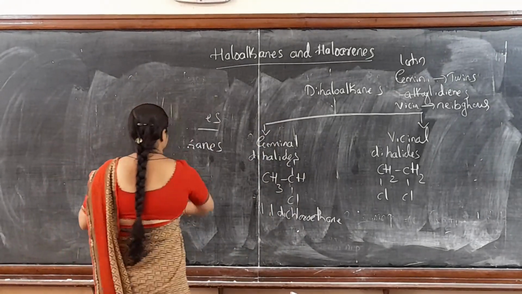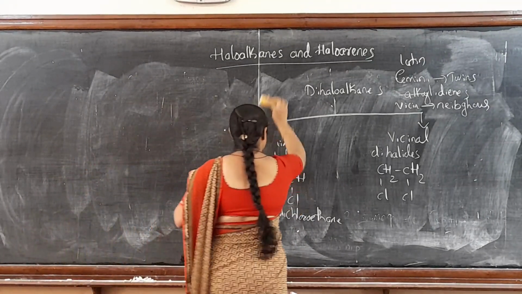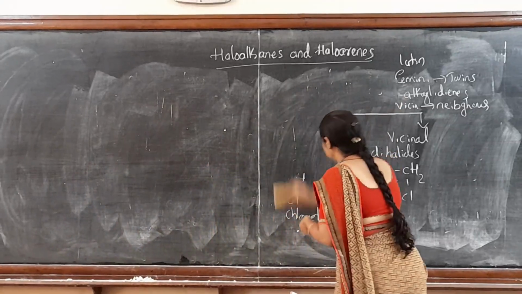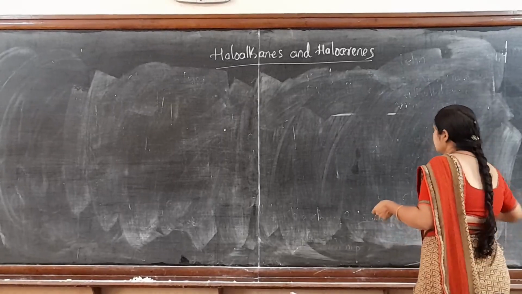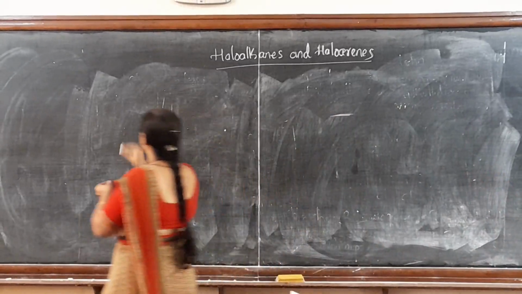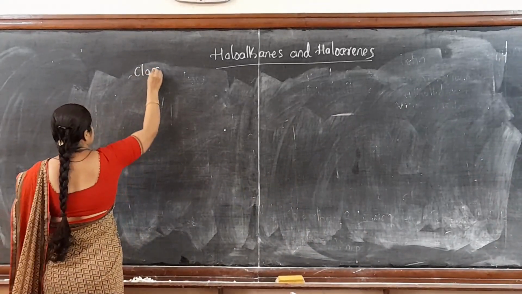This classification was based on the number of the halogen atoms present in the alkyl group. Now we will see the classification based on the hybridization.